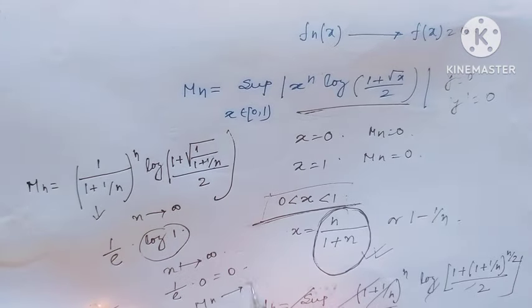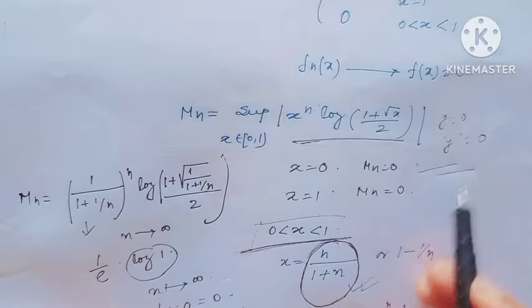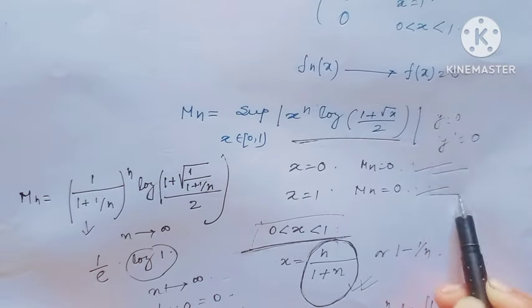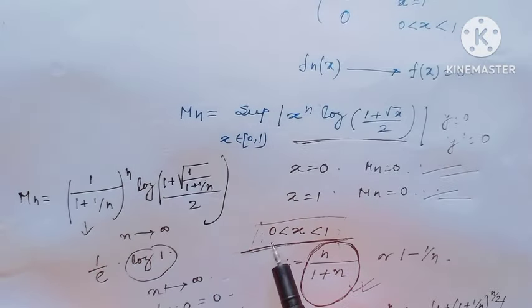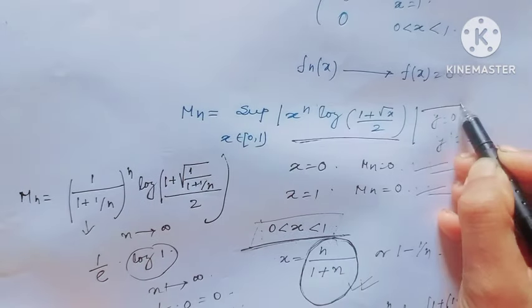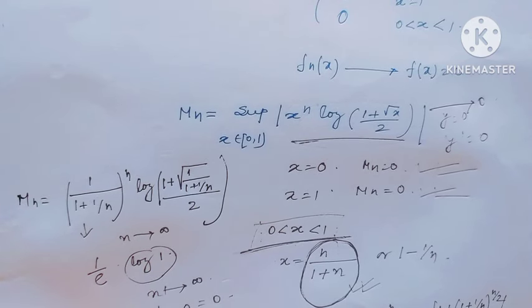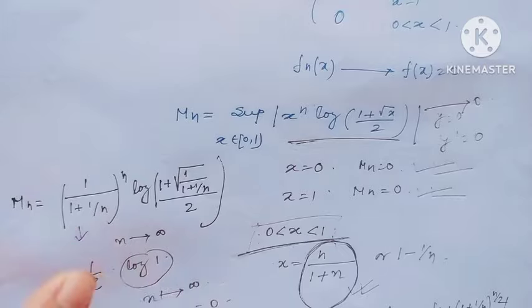So Mn goes to 0 at each point, when x equal to 0, at x equal to 1, or when x lies in the open interval (0, 1). Since the supremum of these values tends to 0, this convergence is uniform on the closed interval [0, 1].